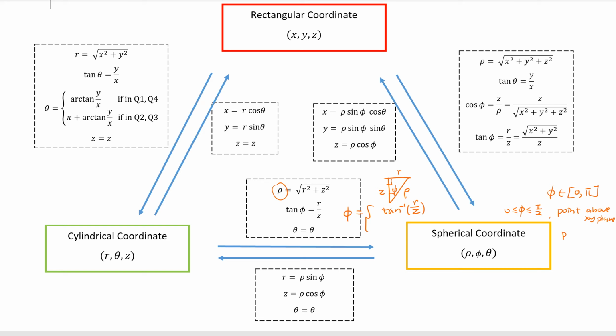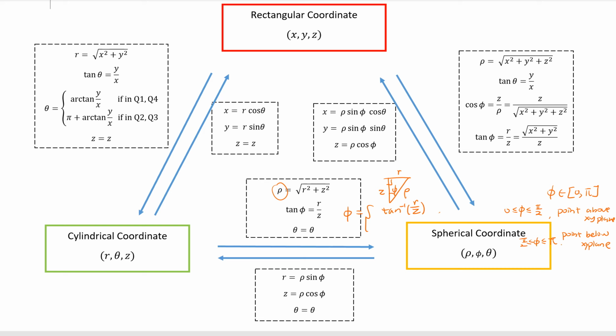If the point is below the xy plane, then phi is between pi over 2 and pi. But the arctangent only covers the region negative pi over 2 to pi over 2.